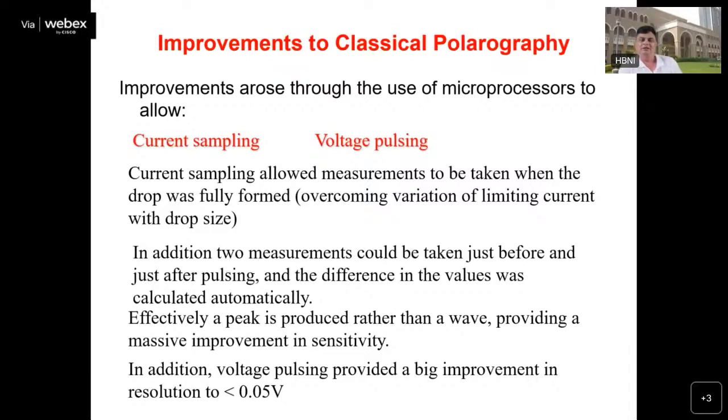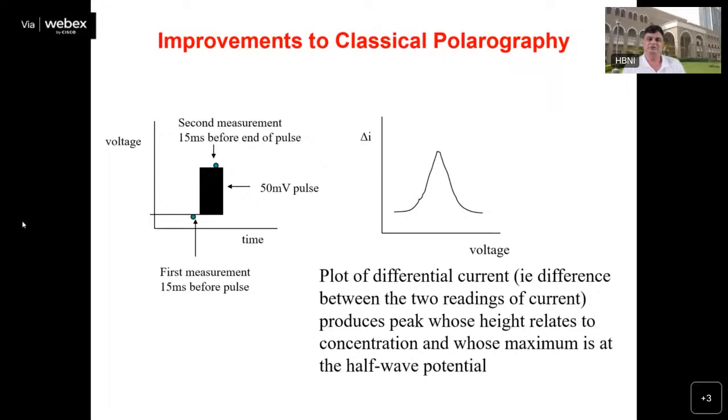In addition to this voltage pulsing, a big improvement in resolution is brought about: from 0.2 volts, we have come to less than 0.05 volt. That's how we improved the detection capability in electrochemical systems.